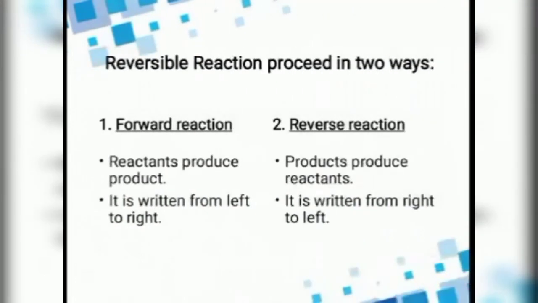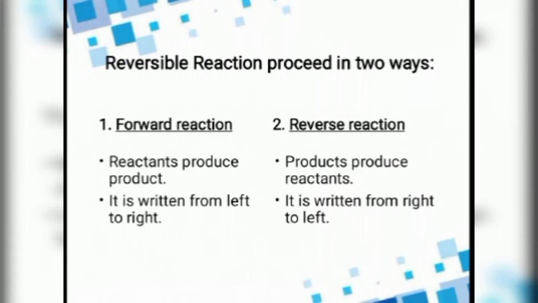As I told you, a reversible reaction proceeds in two ways, forward and reverse. Number 1, forward reaction. In forward reaction, reactants produce product and it is written from left to right. Second one is reverse reaction. In reverse reaction, products produce reactants and it is written from right to left.